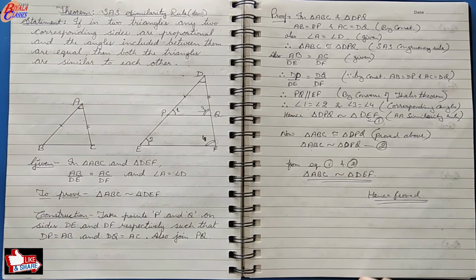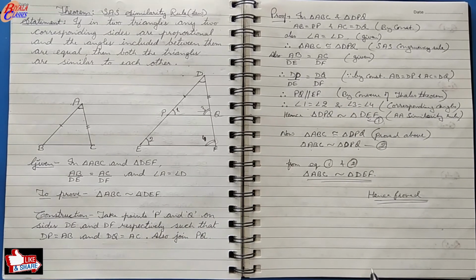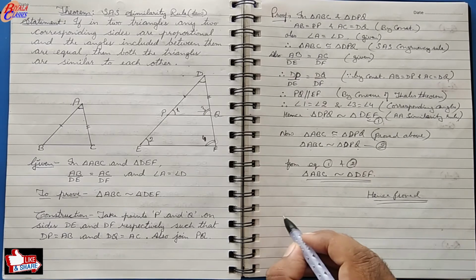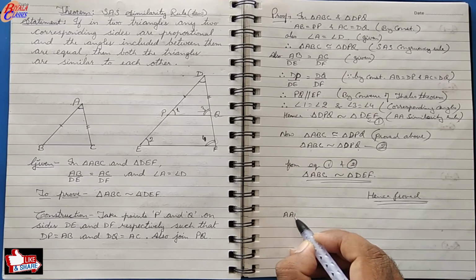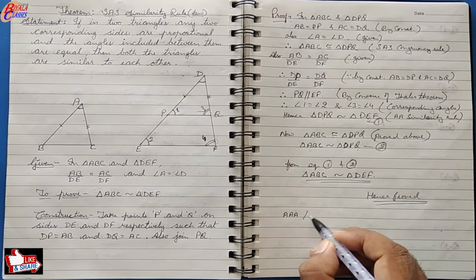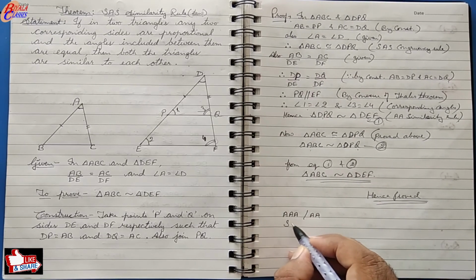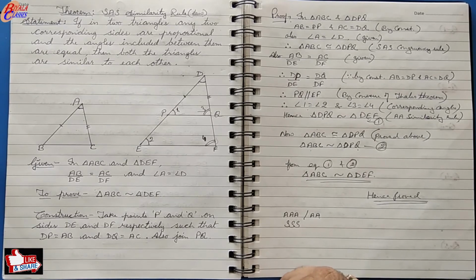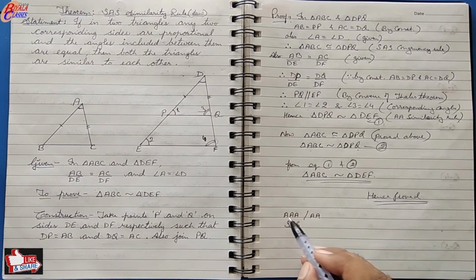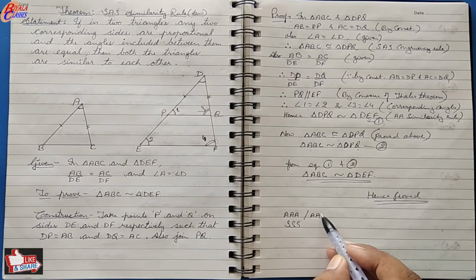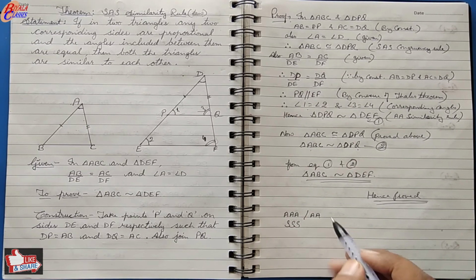So these were the three different similarity rules. The first similarity rule is AAA, which can also be reduced to only AA. If all three angles or only two corresponding angles are equal, then the triangles are similar. The second similarity rule is SSS. If all the three sides are proportional to each other, then the triangles are similar.